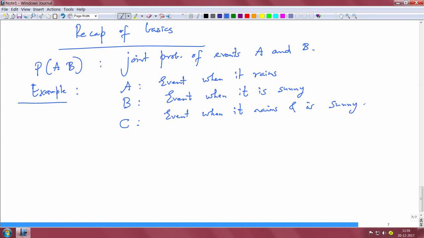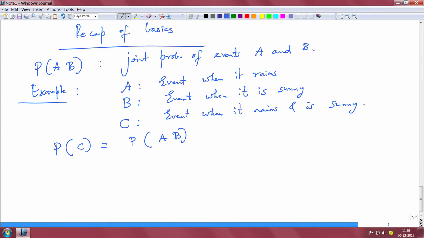Probably you might sense a rainbow, right. So, probability of this event C is the joint of A and B, probability of the occurrence of events A and B, right, and that is what we mean. This is basically an intersection.